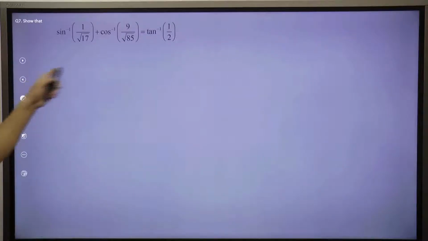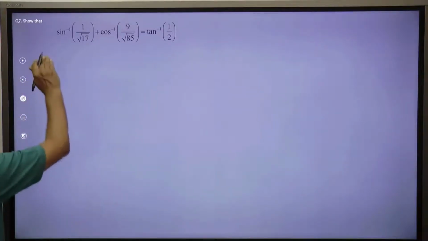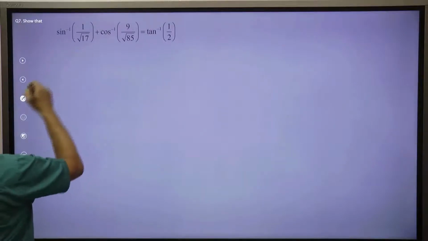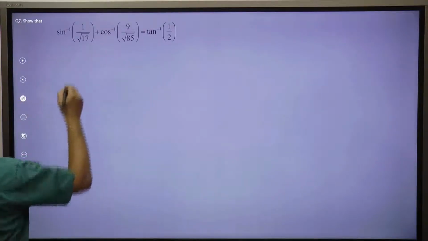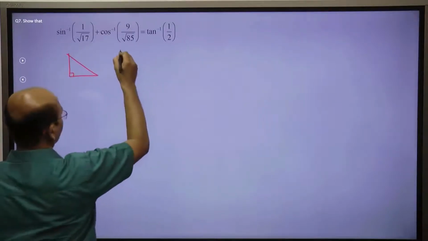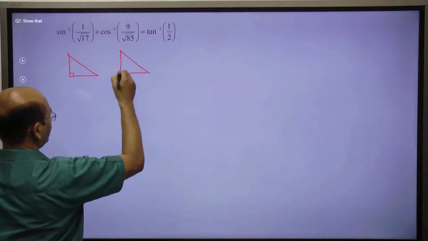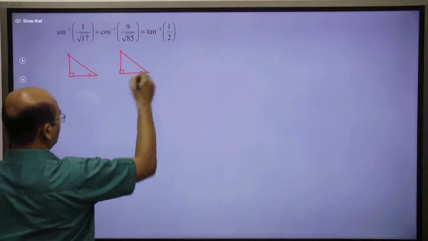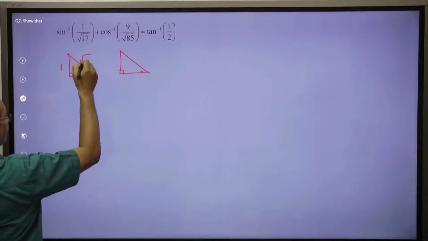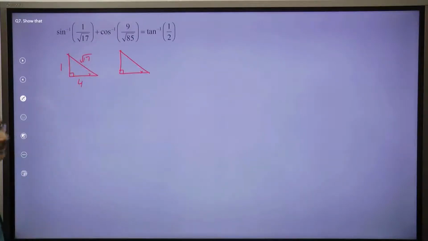Okay, let us see this portion now. So sine inverse x plus cos inverse. Now I told you, you can do anything you want, it depends on you, right? So convert this, you can use the right angle triangle and work it out. This also you can use the right angle triangle. There are different Pythagorean triplets. I'm talking about theta here. Sine is opposite upon hypotenuse, 1 by root 17. This will become 4, right?